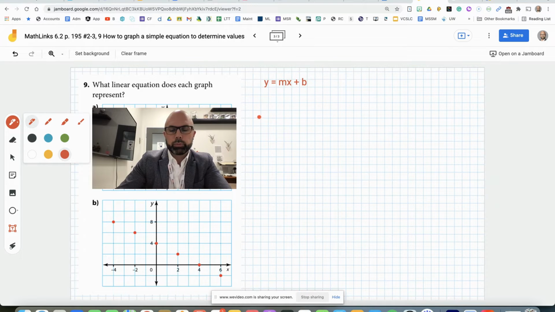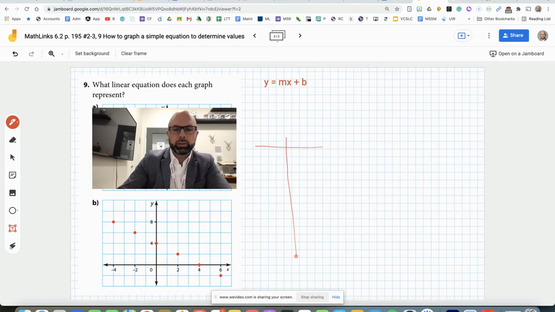So I'm going to build my table of values down here, give a little bit of space, and we'll say these are going to be my x values, and these will be my y values. And let's fill these in.